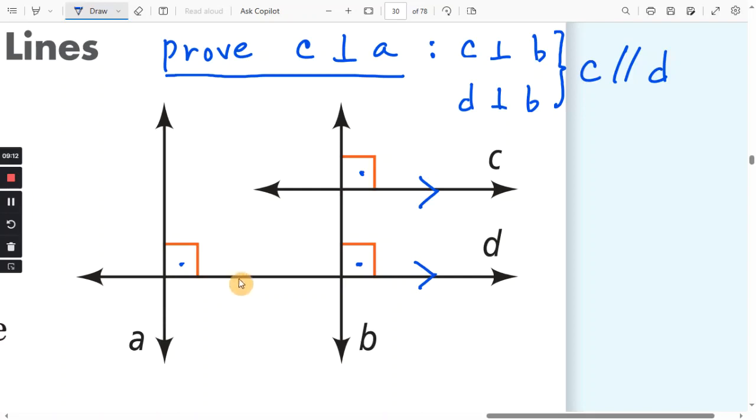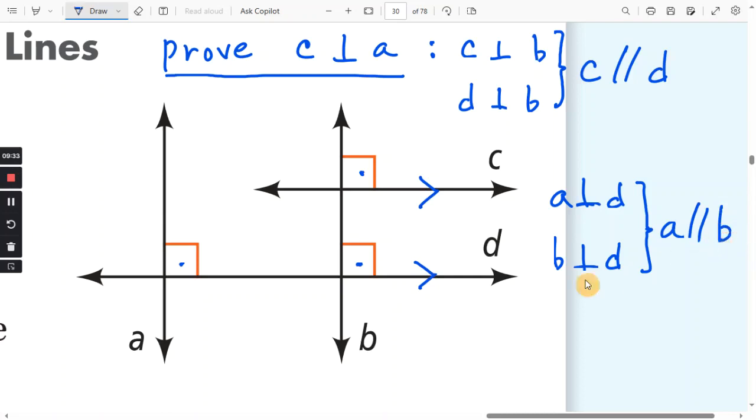So A is perpendicular to D. And here's a right angle. So B is perpendicular to D. All right, if they're both perpendicular to D, they're going to be parallel to each other. So A is parallel to B. So here's A, here's B. I'll draw that in.